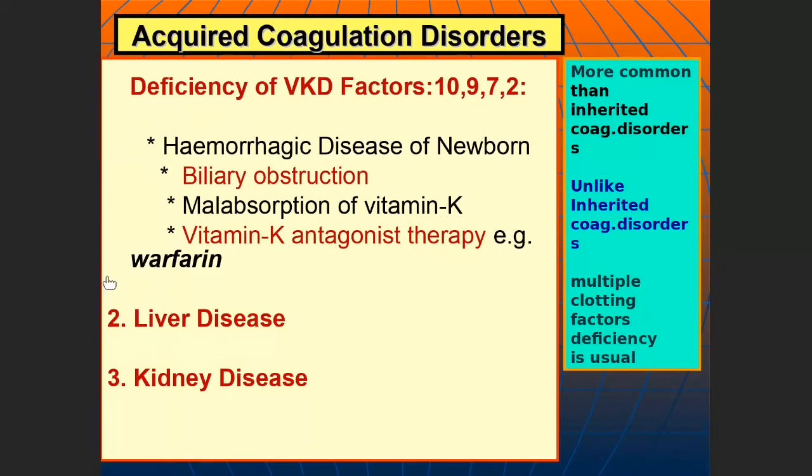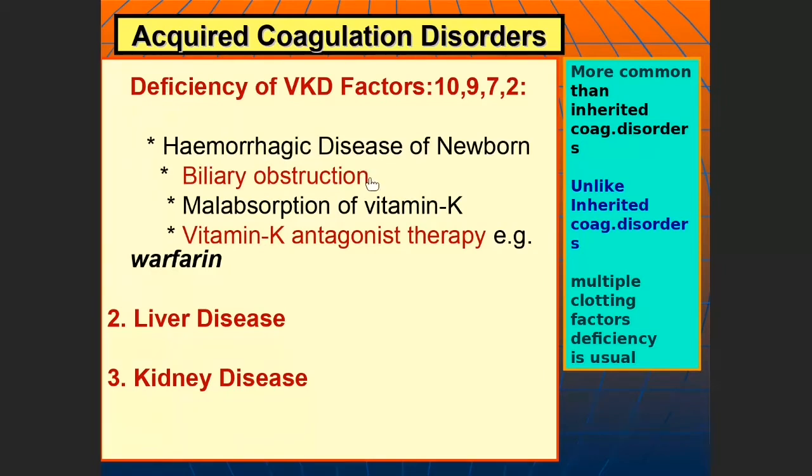Vitamin K, as you know, is a fat-soluble vitamin. It needs proper fat absorption to be absorbed. And as you know, for proper fat absorption, you need bile. Okay, so when there is biliary obstruction, no bile reaches the intestine, and so there is malabsorption of vitamin K and deficiency of vitamin K dependent factors.